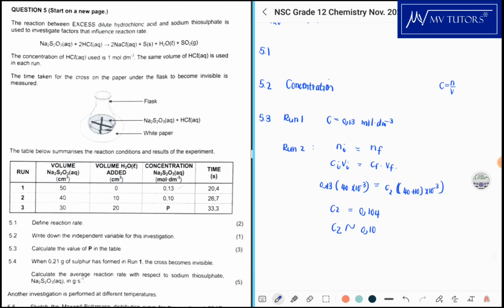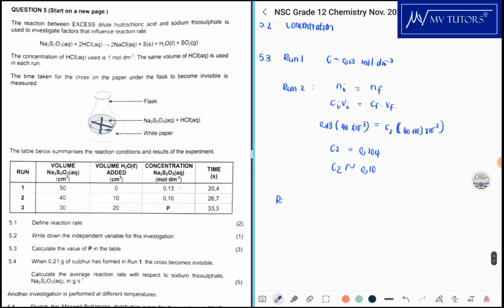So you see what we're going to do. Now for run 3, there are 2 ways you can do it. Our initial concentration is still 0.13, that has not been diluted, but the volume of thiosulfate is 30. We're looking for P, the concentration, and our volume will be 30 plus 20.